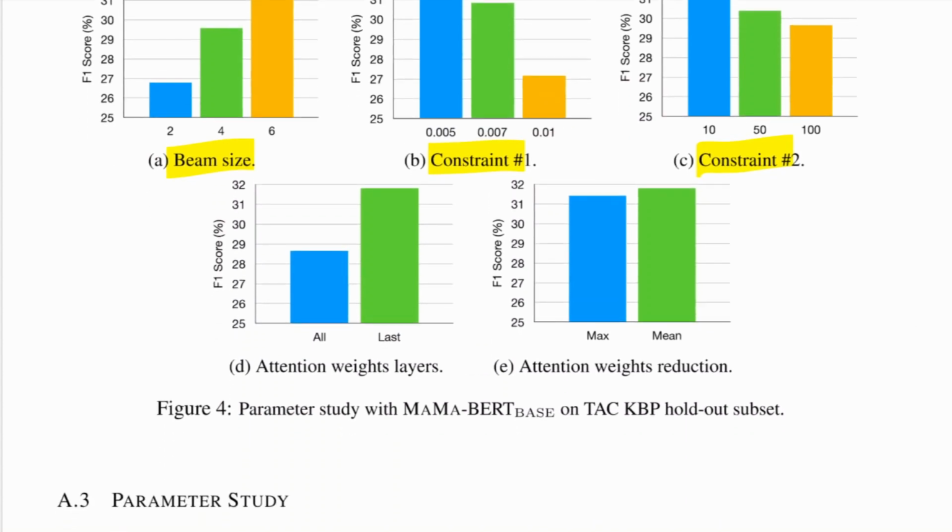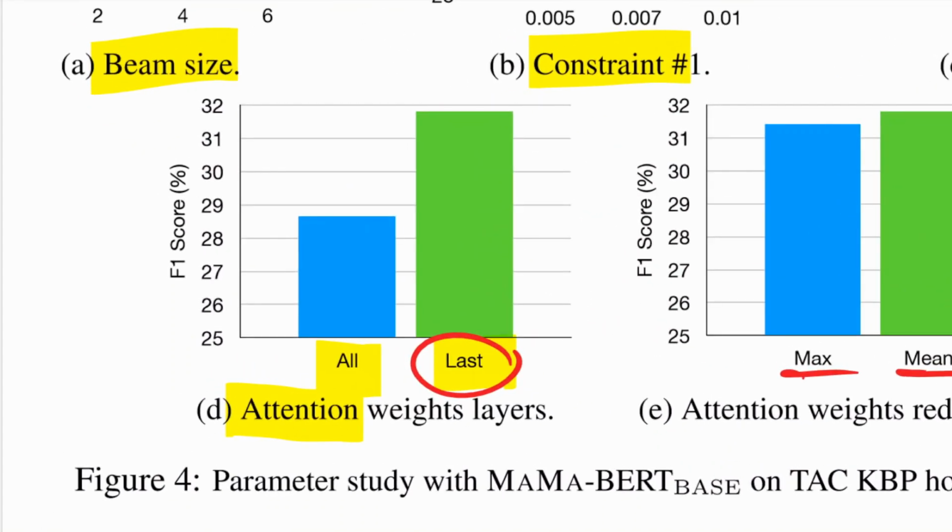What is interesting here is they try to look at either the attention matrix of the last or of all the layers. And interestingly, the system performs better if you only look at the attention matrix in the last layer. Now they reduce that attention layer, because there are multiple heads, using max or mean. You can see they perform similarly, but it is interesting that only the last, and they argue in the text that we know that the last layers have higher level features than the lower layers.